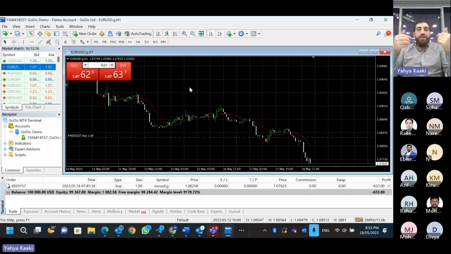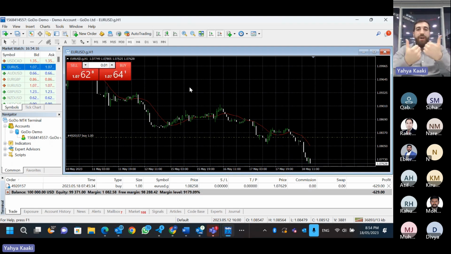So here is 0.01, for example. I'll take a small risk, okay? And as I can see here, I'll take, for example, a sell position. Before pressing, I need to choose the symbol, which I already chose.